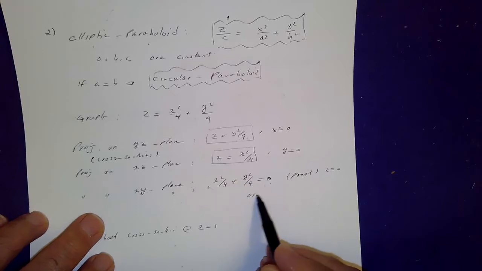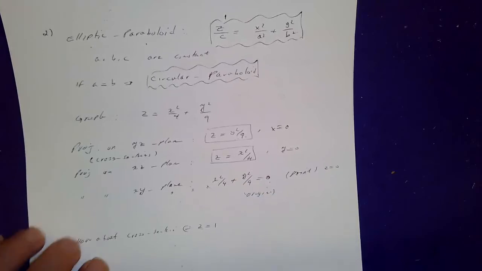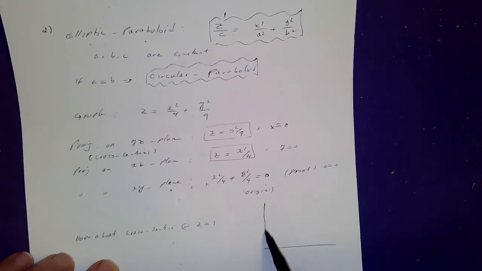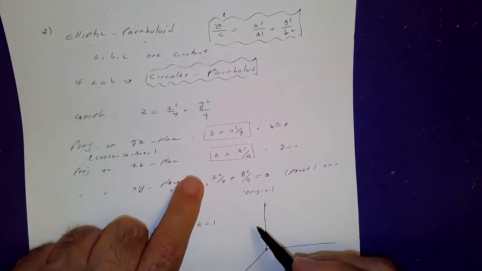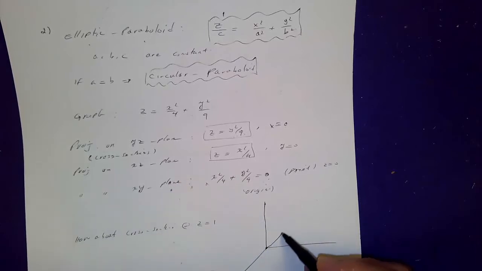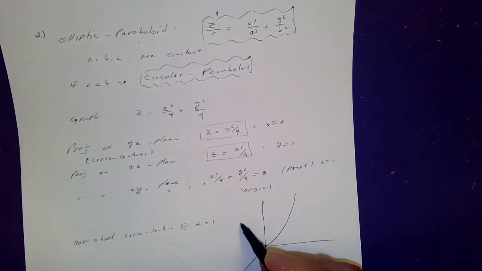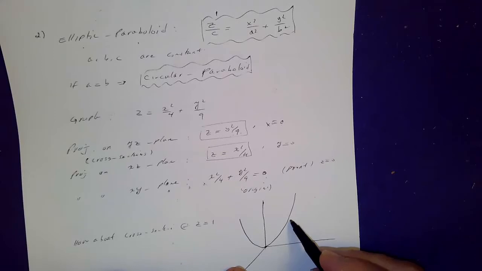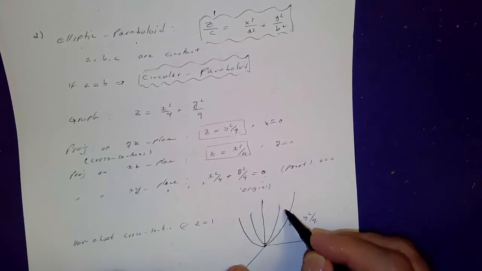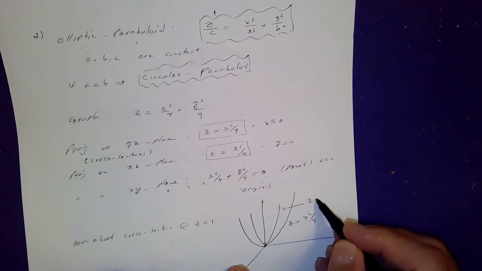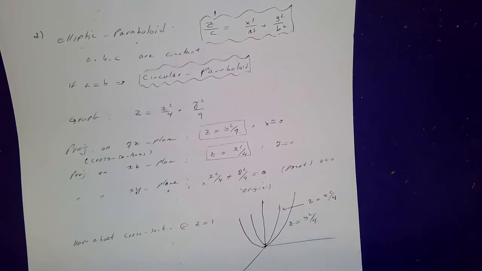So if you graph this, we get a parabola along the z-axis. Let's say z is equal to y squared over 9, and then we have this parabola, correct? And that would be z is equal to x squared over 4.